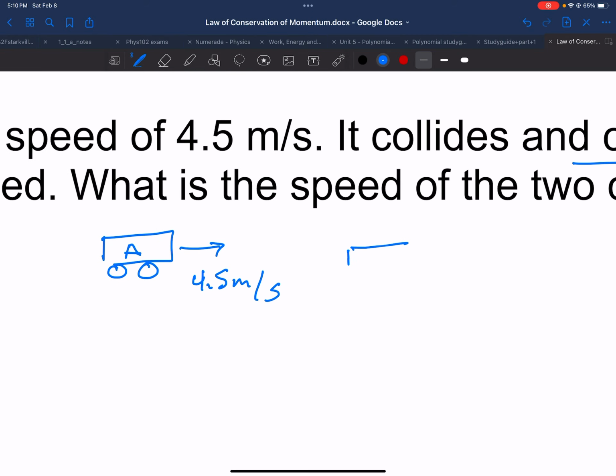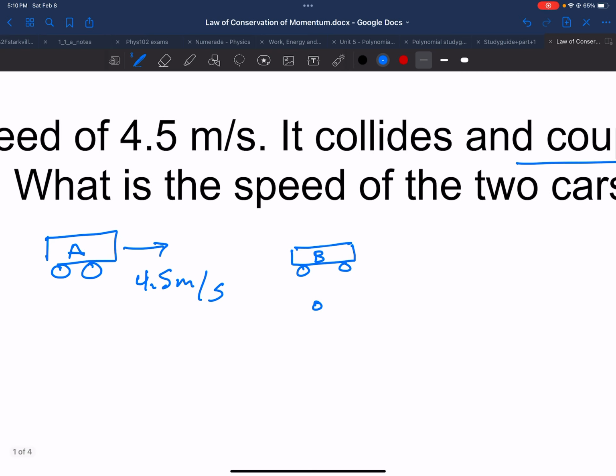I have train B, and it's still. And then they're going to couple, so I'm just going to put a little squiggly line there. And then you have both trains together, moving at velocity 2. And this would be mass of A plus mass of B because they're together.